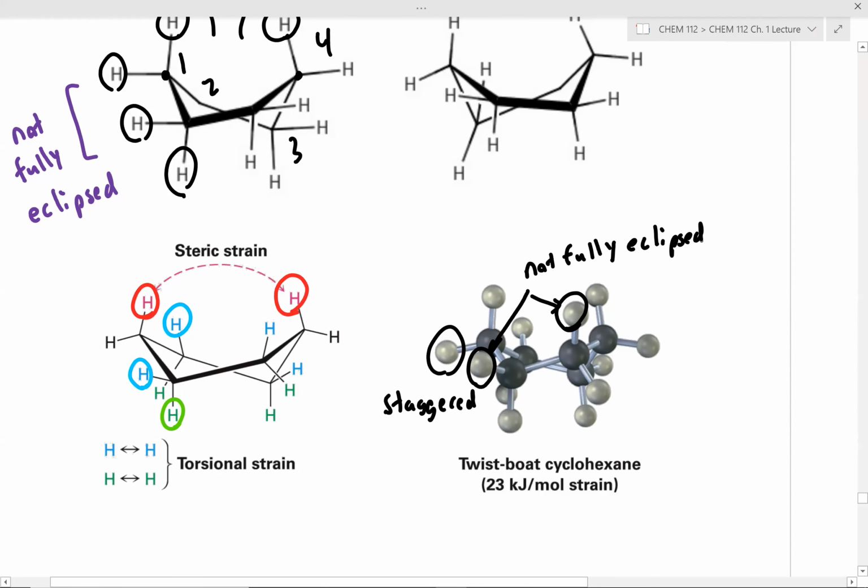So we do pay a little bit of penalty. The energy of a twist boat cyclohexane relative to a chair conformation is about 23 kilojoules per mole higher in energy. There are some torsional interactions, and you definitely experience some penalties as a result of angular strain, but overall the twist boat is relatively not that high in energy.